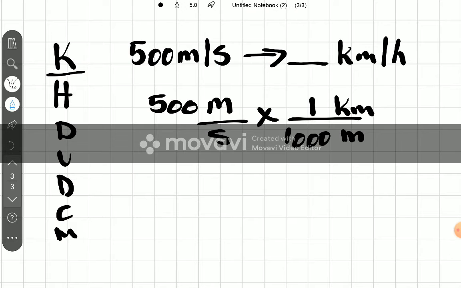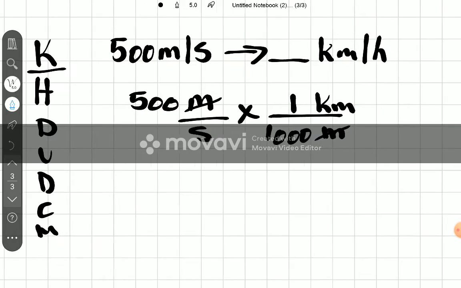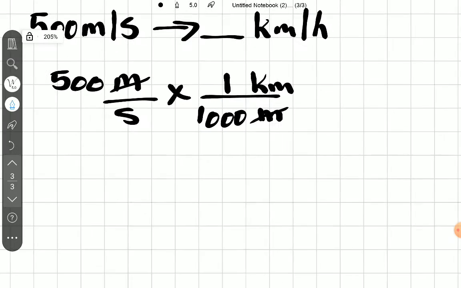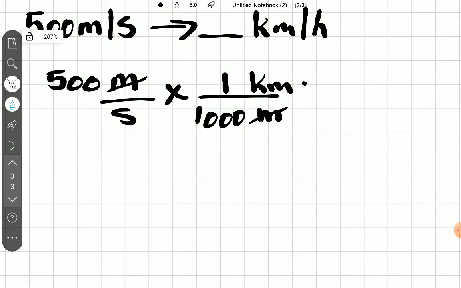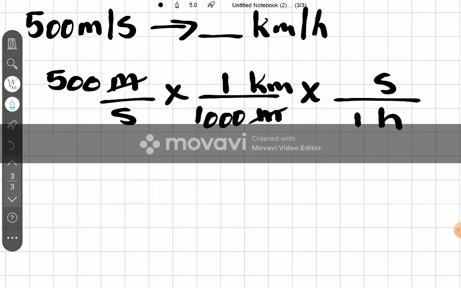Okay. Then, now we canceled out meters. Now we have to do the time section of it. So we want to cancel out seconds, so we're going to put that on the top. And we want hours. And in 1 hour, how many seconds are there?